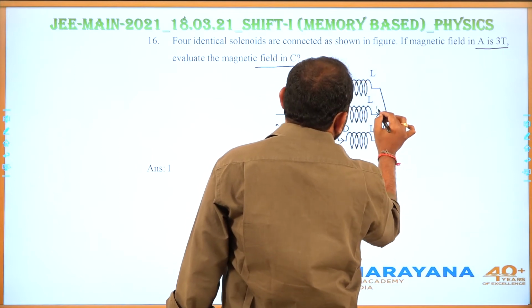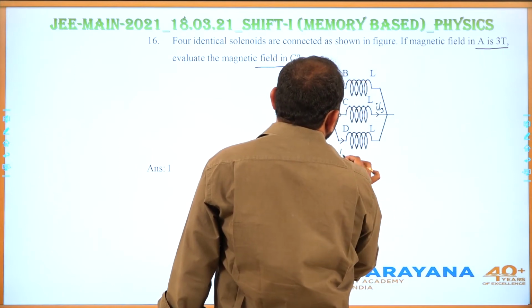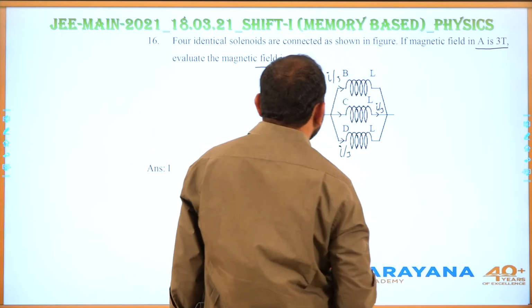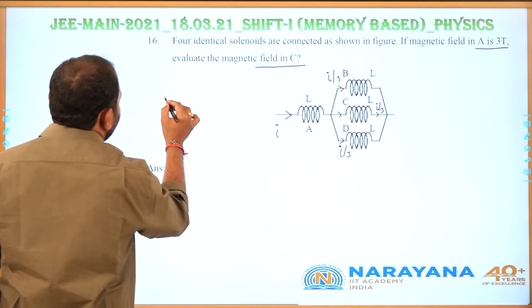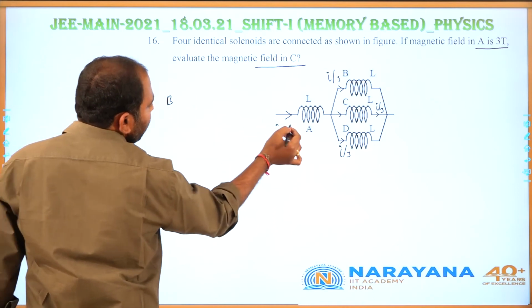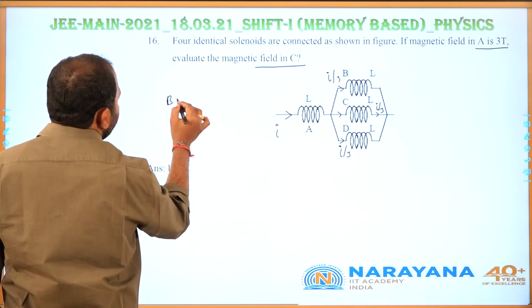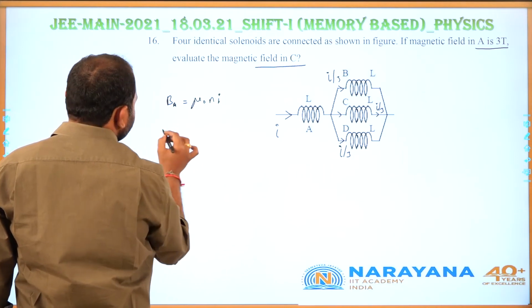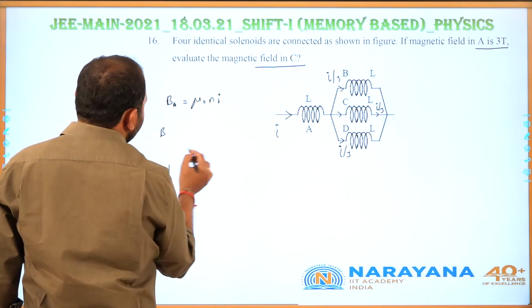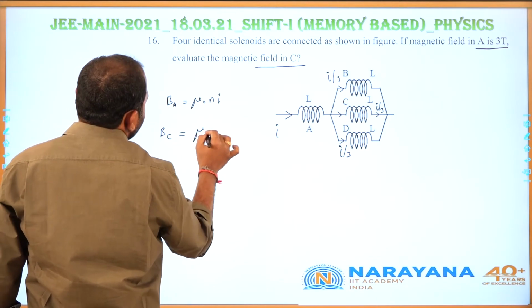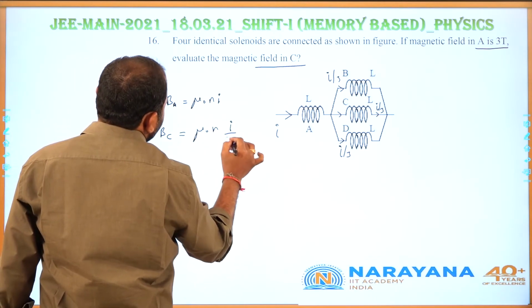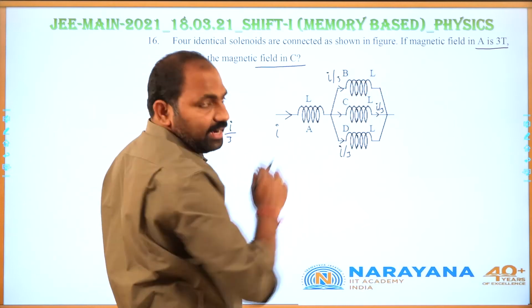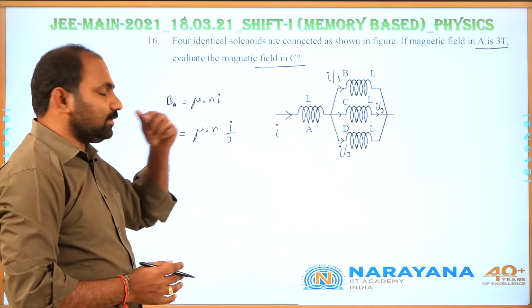So through C also it will be I by 3, through D also it will be I by 3. Suppose the magnetic field produced by current I in solenoid A is mu naught N I, then the magnetic field produced by I by 3 in C will be mu naught N into I by 3. It is mentioned that the solenoids are identical, so the number of turns per unit length are the same.